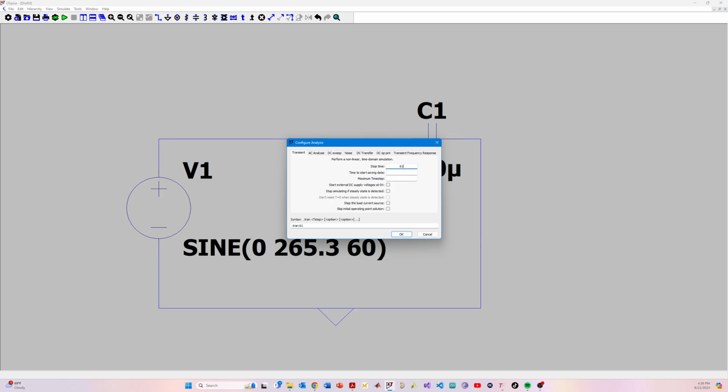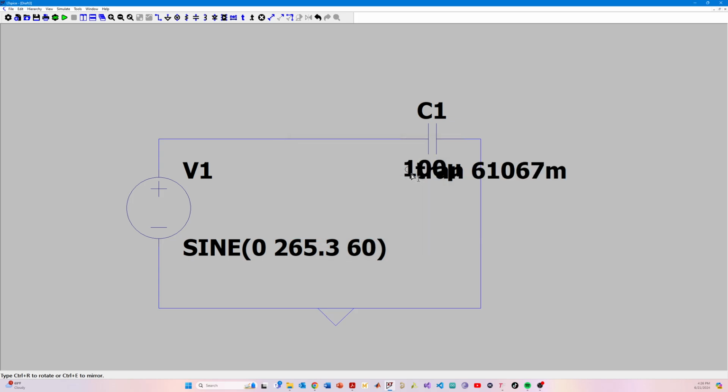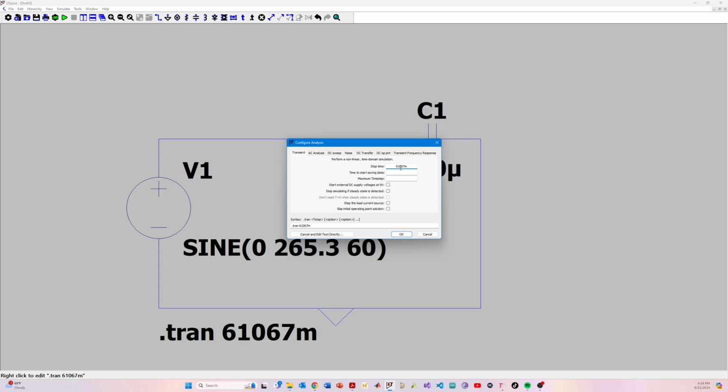So let's go 16.67 milli. That doesn't look right. That was a 0, not a point. But that should be 16.67.